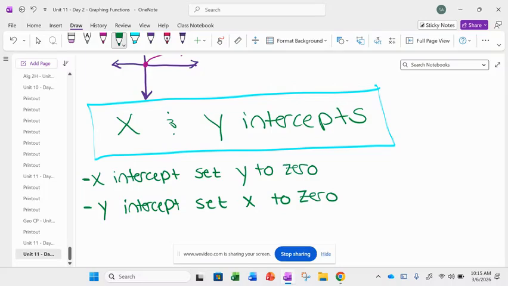All right, so now you might want to move on to your graph paper because now we're going to start doing some problems where we're sketching.